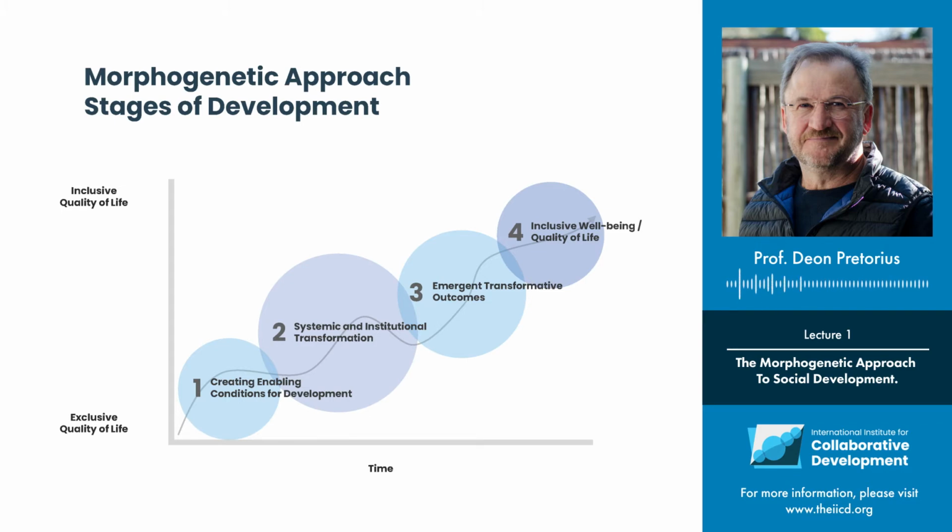So if the enabling conditions have not been created, that process of systemic and institutional transformation, you can attempt to make that happen, but the chances that you're going to be successful in making it sustainable would be highly unlikely.